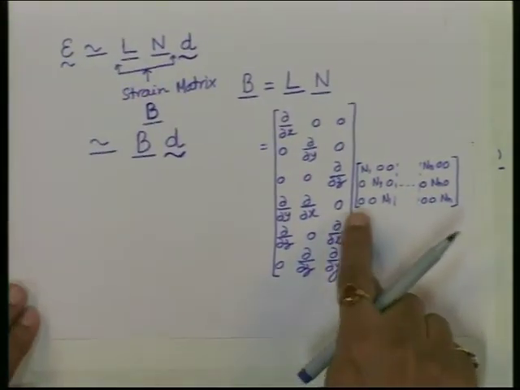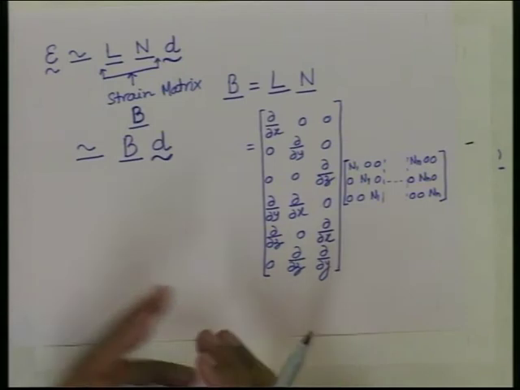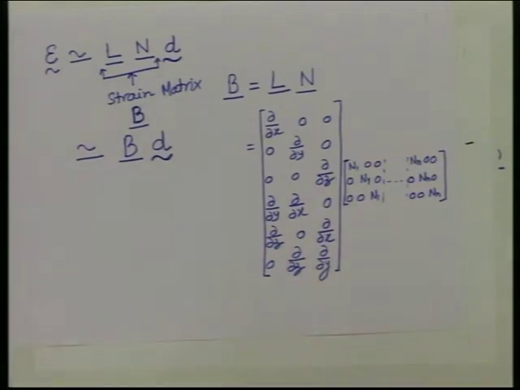It is like this. Do not think there are only 2 blocks. I have written only 2 blocks, there are a number of blocks in between, and these are all blocks of 3 by 3.